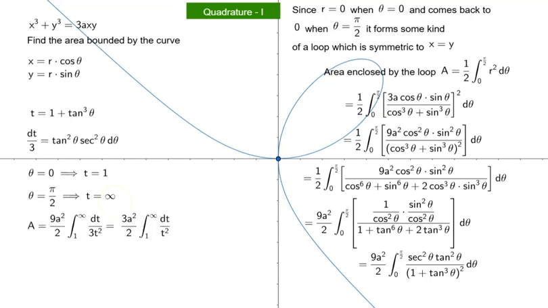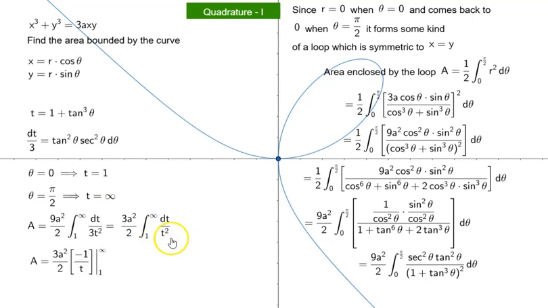So our limits change. Substituting, we get 9a square by 2 times the integral, instead of 0 to pi by 2, from 1 to infinity of sec square theta tan square theta d theta, which is dt by 3, and 1 plus tan cube theta is equal to t, and since there is a square here, we have t square. Here 3 is a constant, so we take it out. So 3 times 3 is 9, and we have 3a square by 2 times the integral from 1 to infinity of dt by t square.